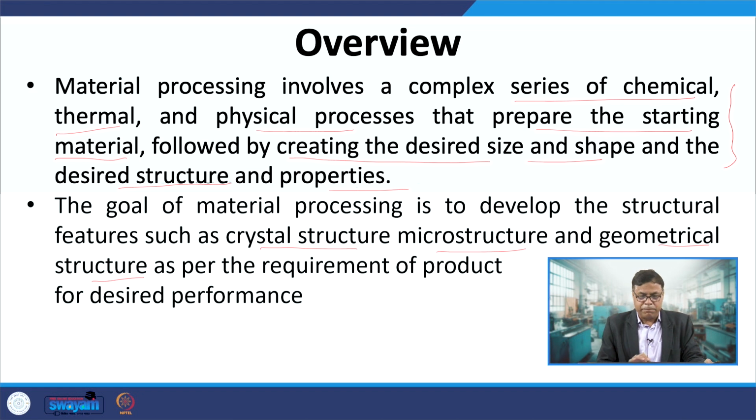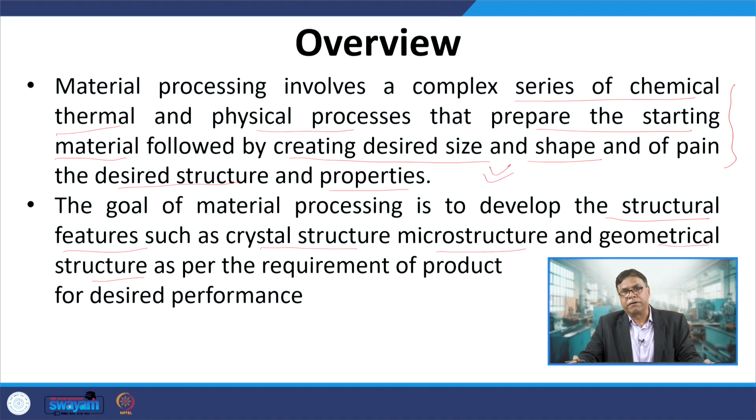So, material processing not only involves obtaining the desired size and shape of the component, but also focuses on realizing the desired structural features, so that a suitable combination of properties can be imparted in the product for desired performance and life of the component.